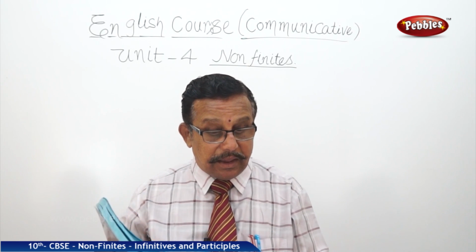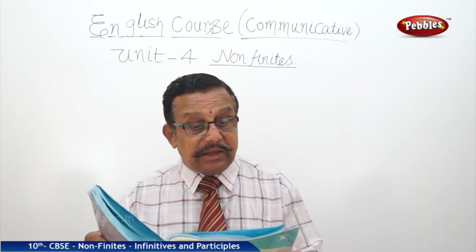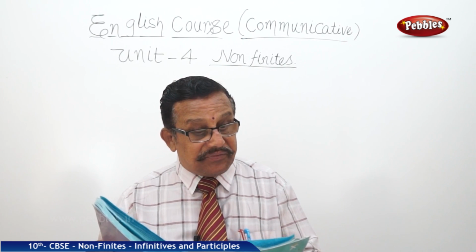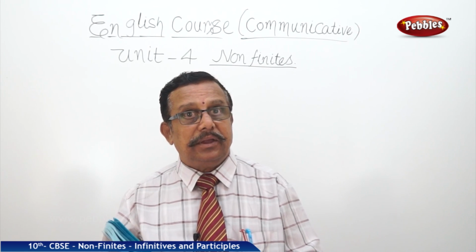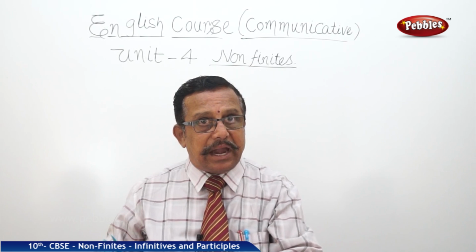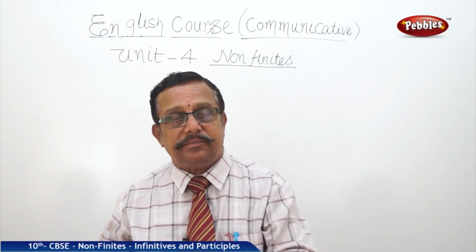And after this, study the verbs given in column A and B. How do they differ? That is what I already told you. When you put them under column A and column B, you will be knowing what the uses of that are and how they are different from the usage of this and usage of that.